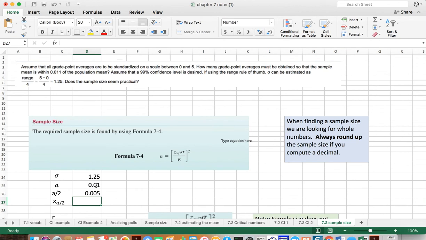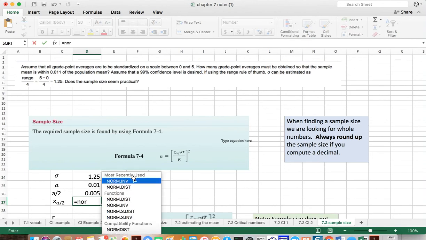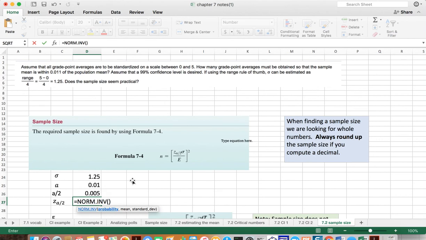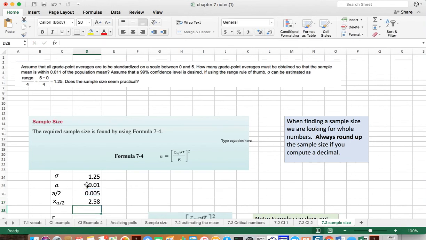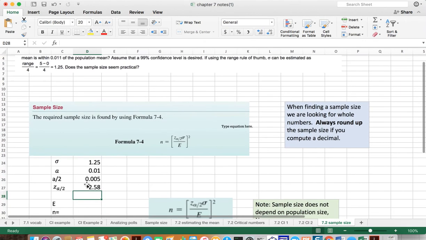And for our normal critical number, we're going to use norm.inverse. We are going to use 1 minus alpha over 2, a mean of 0 and a standard deviation of 1. So there's our critical number for 99%.